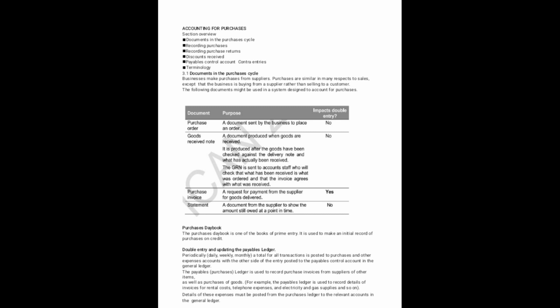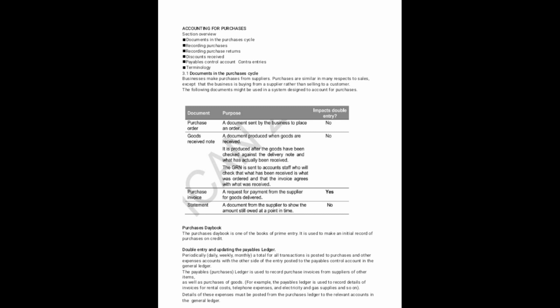The general ledger records all other accounts which are not recorded in the sales ledger and purchases ledger. We have the cash ledger. The cash book is both a ledger and a journal. All the transactions which are not recorded there are recorded in the general ledger or the nominal ledger. And a control account is an account that falls under the general ledger. The payables (purchases) ledger is used to record purchases invoices from suppliers of other items.